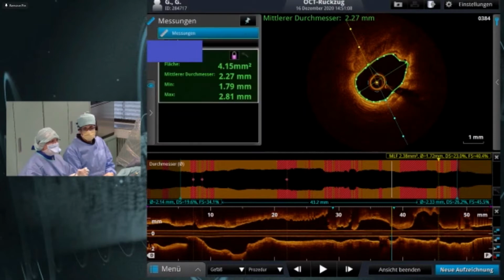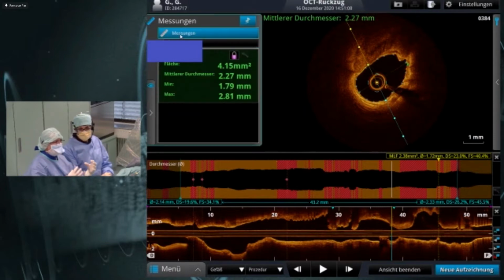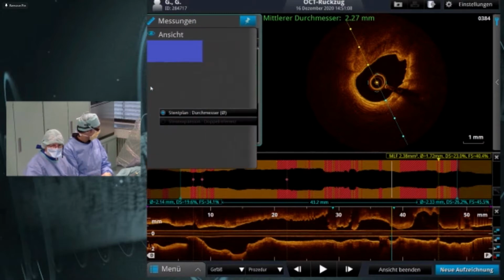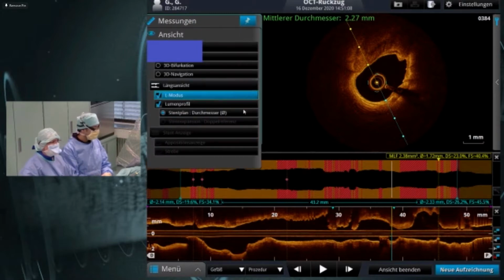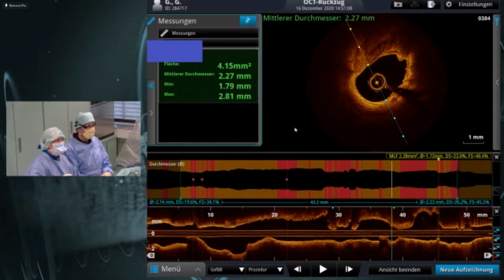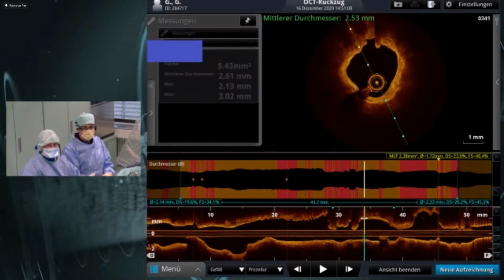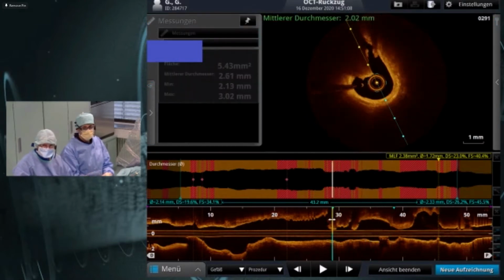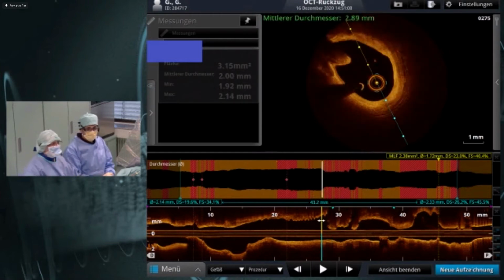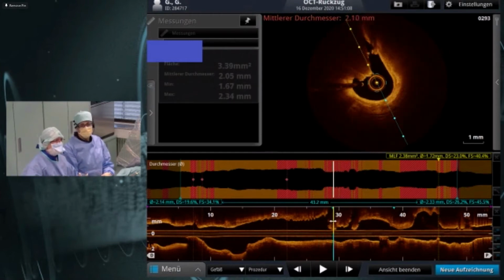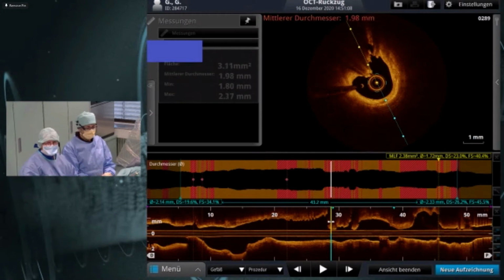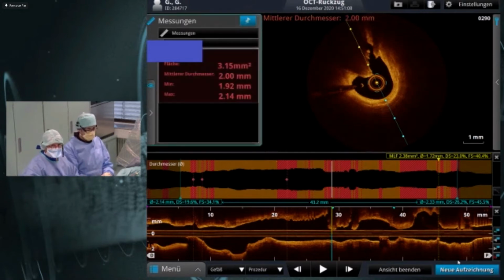How can we make this huge calcified plaque, which is indeed partially deeper than 0.5 millimeters, softer? How can we correct this huge plaque? And the only option to do this safely for the patients, without a high risk of perforation, is absolutely, I think, IVL, and that's why we choose this.